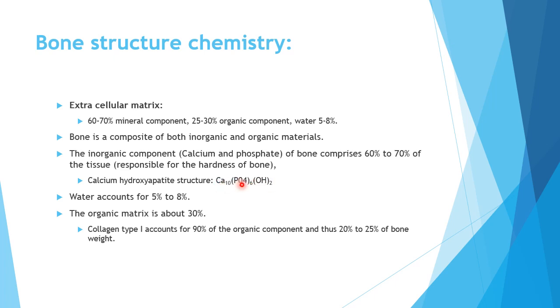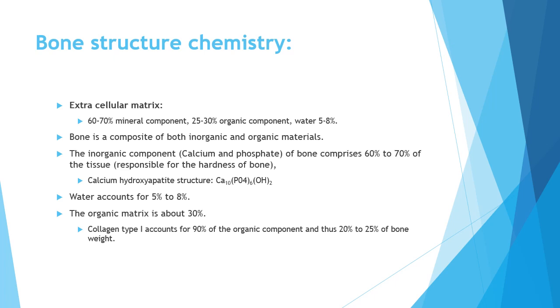Calcium 10, phosphate group, which is PO4, 6, and OH, which is the hydroxy group, 2. One thing that can help you is that the number goes down by 4 each time. So calcium 10, PO4, and then 10 minus 4 is 6, and for the OH, 6 minus 4 is 2. So most of the mineral inorganic material is calcium hydroxyapatite.